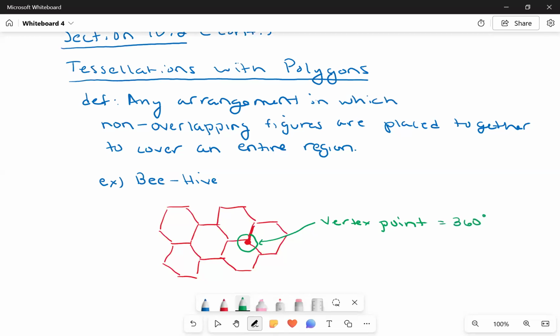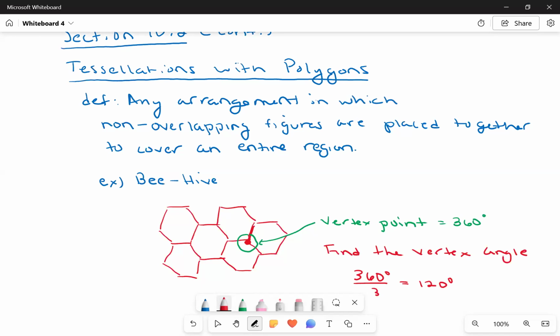And I can figure out from this the vertex angle for a regular hexagon by taking 360 degrees, dividing it by 3, and that gives me 120 degrees.